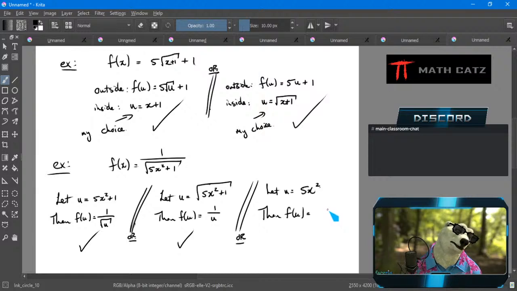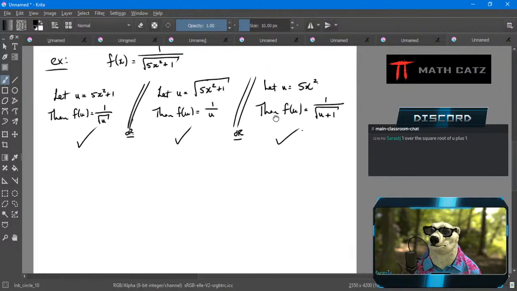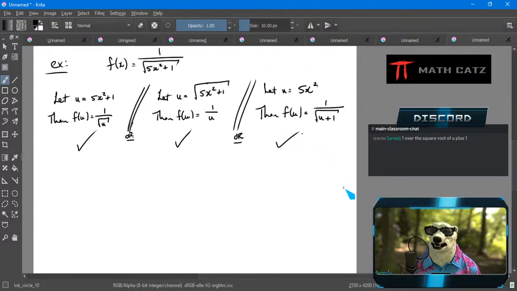Just giving a chance. Someone is typing. Don't want to cut them off, it just takes time. 1 over square root of u plus 1. Also correct. I don't want it to sound like everything's going to be right, but many things can be the right answer.